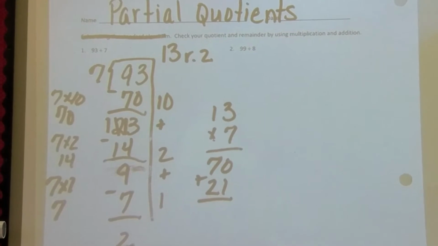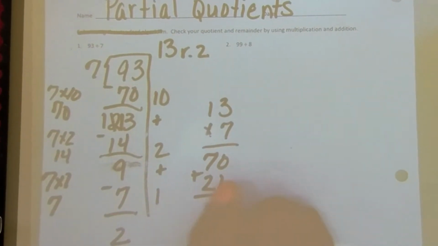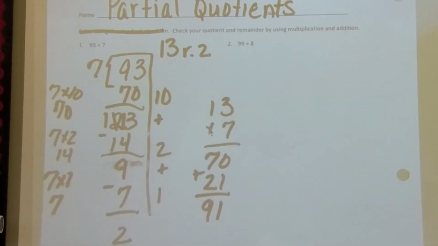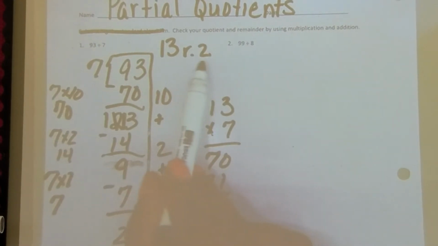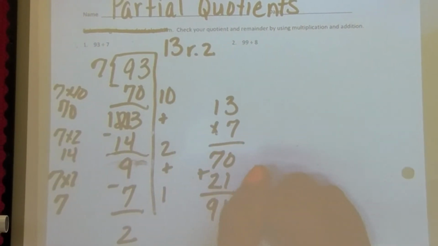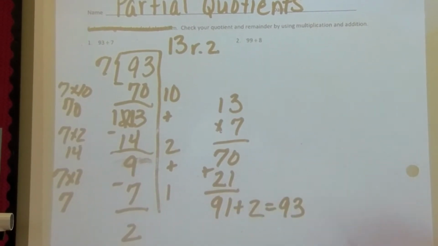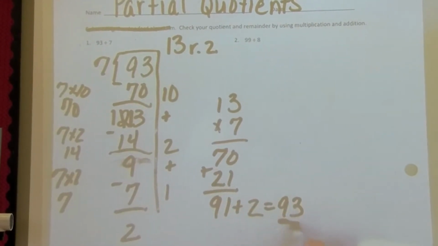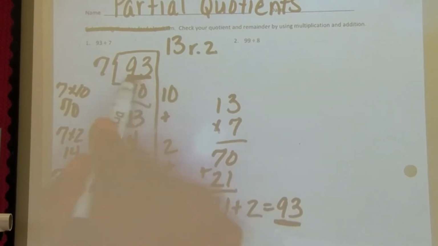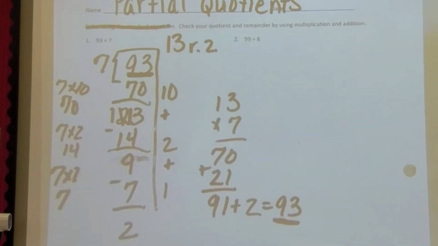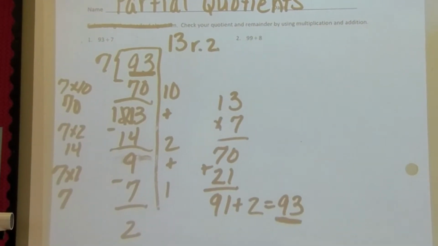And we add that together, which gives us a total of 91. But we can't forget our remainder, so we have to add that remainder in, which gives us 93. And if this is the same as our dividend, then we know our answer is correct.